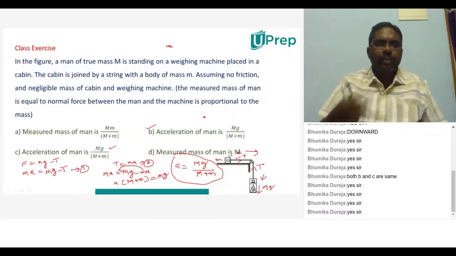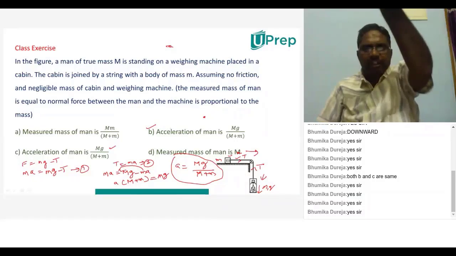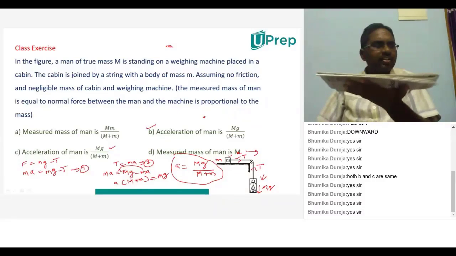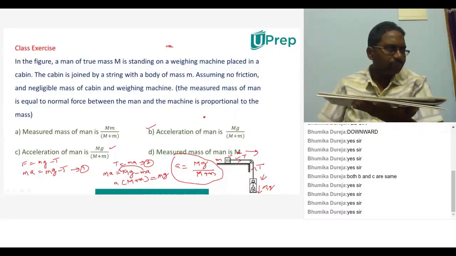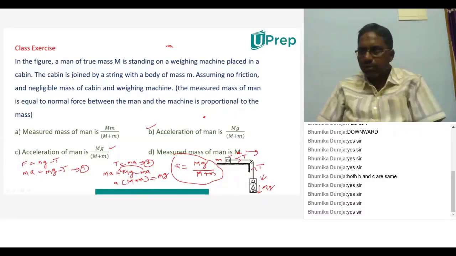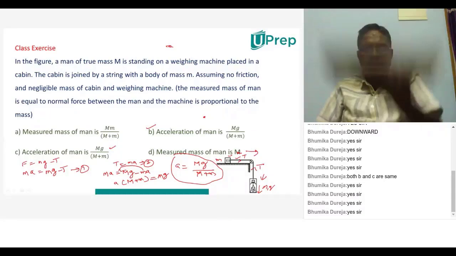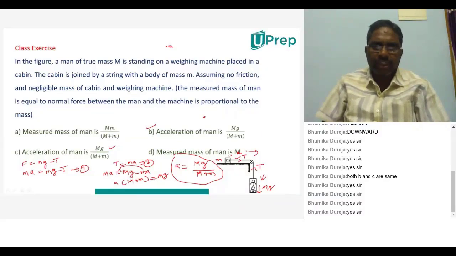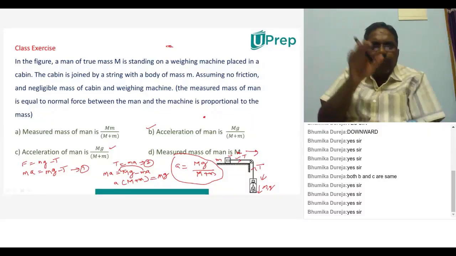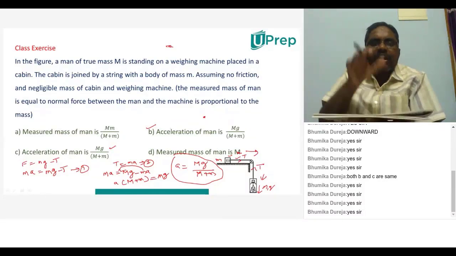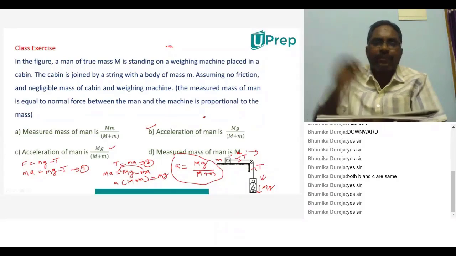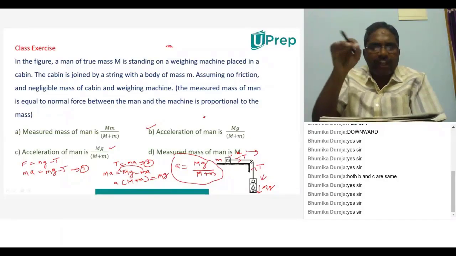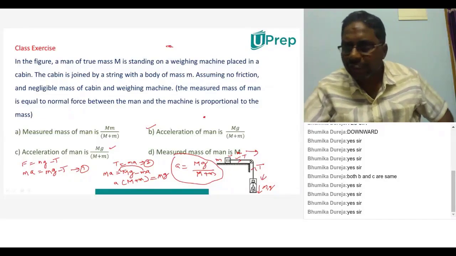Now maybe you know that when you are moving up or moving down in an escalator or a lift, generally the weight of the man will change because of the relative motion. Now the weighing machine will not measure his actual mass, whether it may be less or more actually.